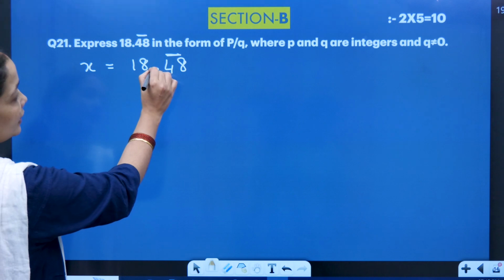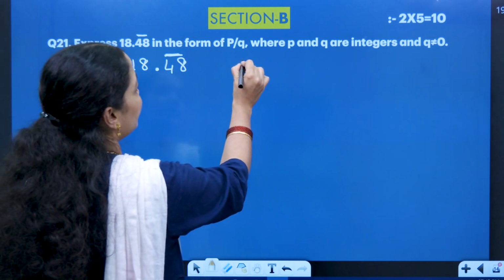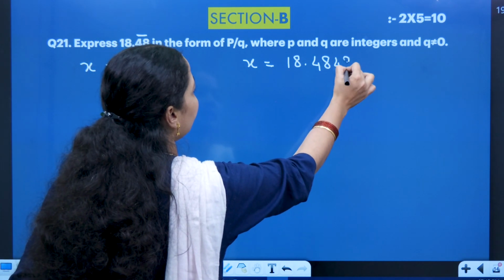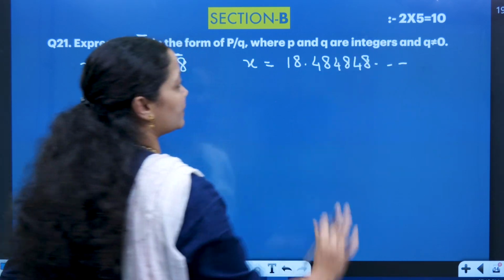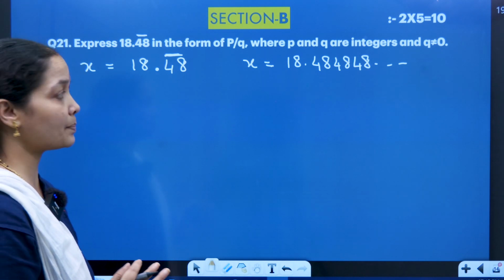Now since after the decimal I have two numbers that are repeating, what is the expansion of this? This will be x equal to 18.48, 48, 48, etc. like this. 48 is repeating itself. It's a non-terminating decimal expansion.